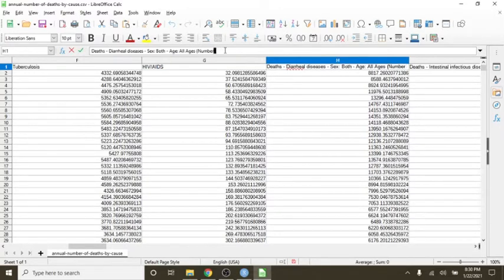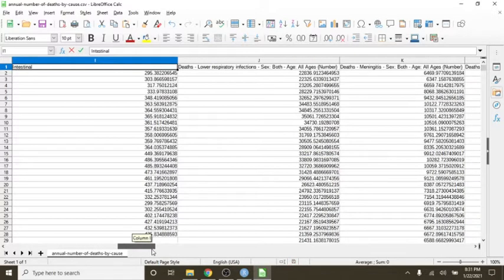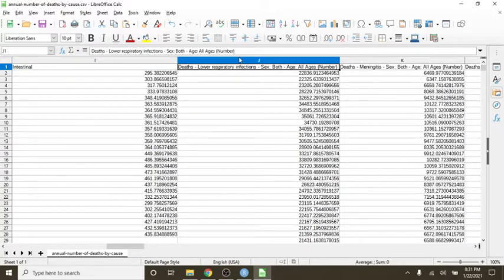Okay. So therefore, all we really need is the name of the disease itself. We don't even need diseases because we know it's all diseases. Intestinal disease, lower respiratory diseases.